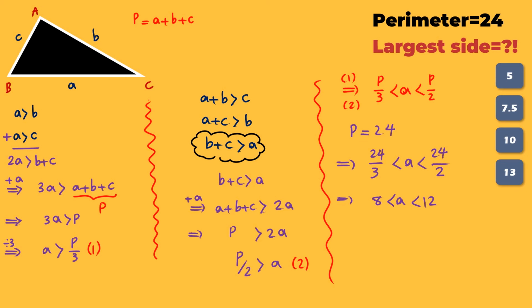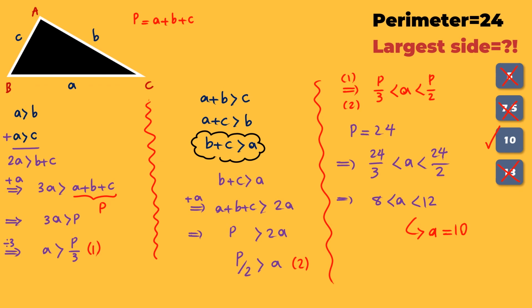The first one, 5, is eliminated because A is greater than 8 but 5 is less than 8. Because of the same reason, the second one is eliminated too. The third one can be true, so we keep this one. And the fourth one is eliminated because 13 is greater than 12, but the largest side of this triangle must be less than 12. So A is 10.